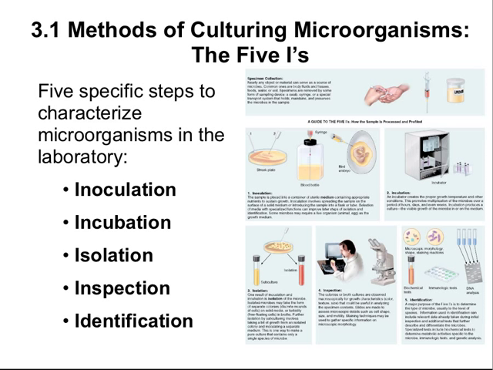In incubation, we're giving it the right temperature in order to grow. As we isolate it, we're taking specific cultures from that growth and maybe incubating again to create more of that culture. Then we'll inspect it, both macroscopically and microscopically. And then finally, we might be using some identification techniques in order to determine precisely what the bacteria is.